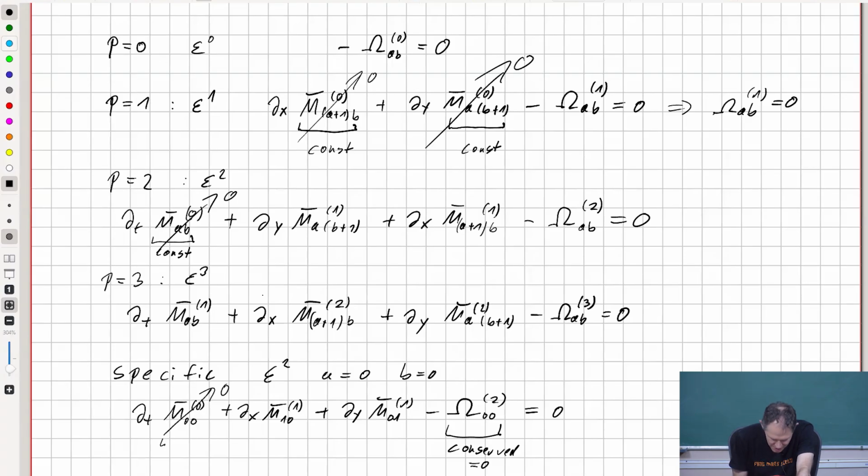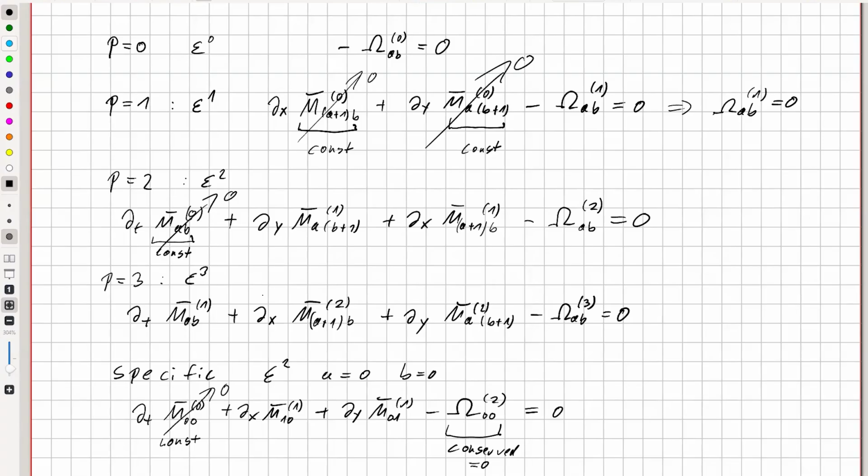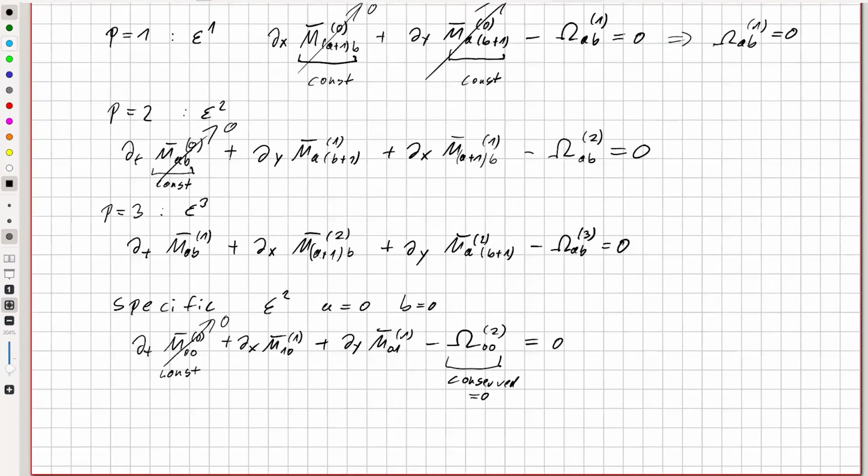It's not that the moment itself is necessarily 0, but it's constant, so its derivative is 0. So these things disappear. We can write it down: M 0,0 to zero order is rho to zero order. This is constant.